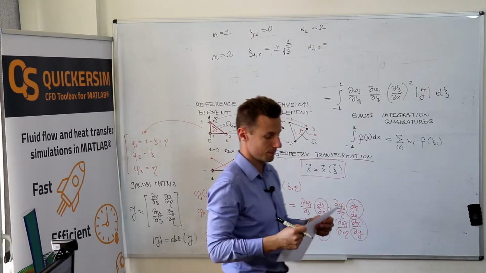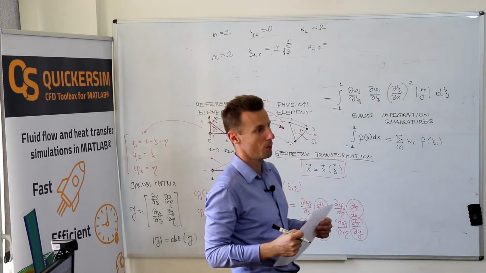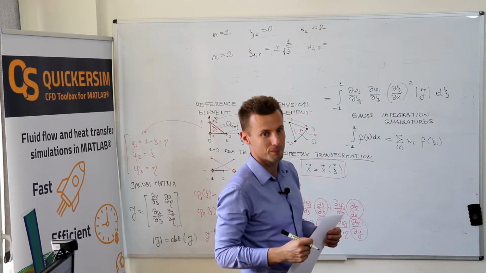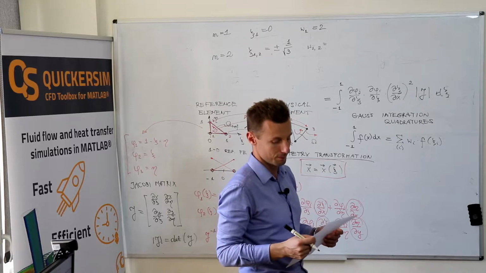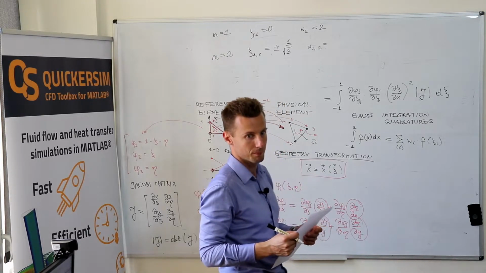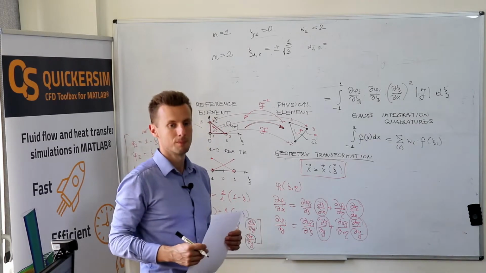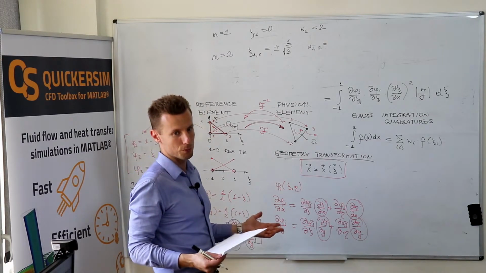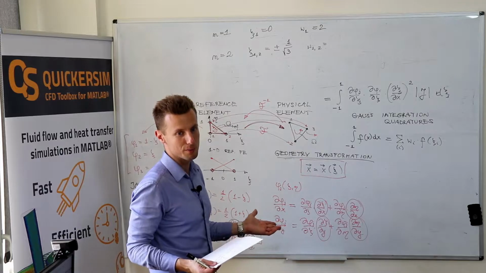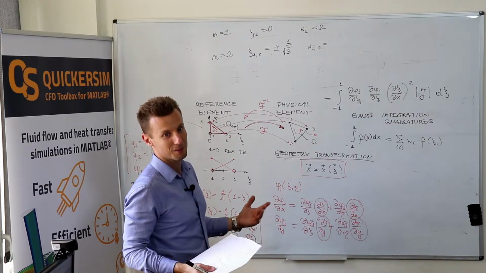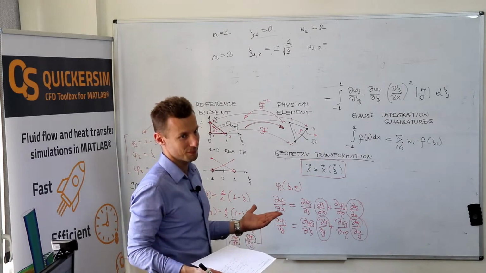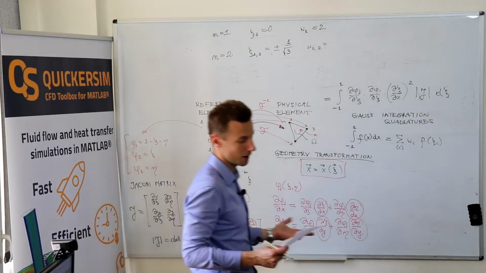Half and minus half? No. We should again calculate them from the condition that the integral of the constant unity function is 2, which means that the two symmetric weights are both 1.